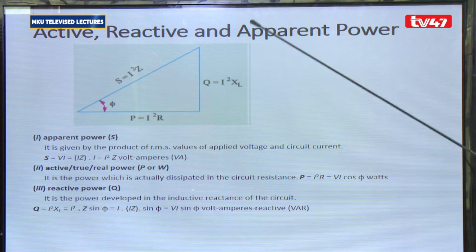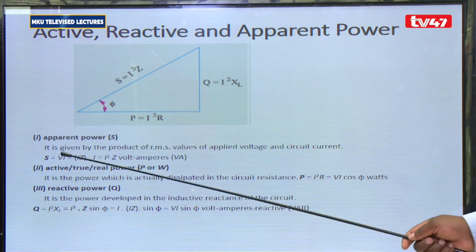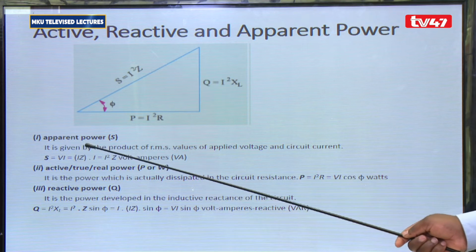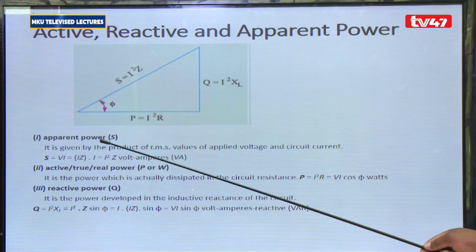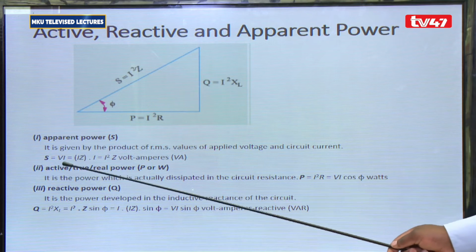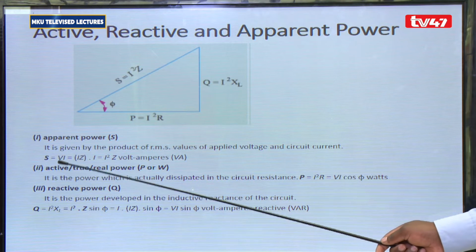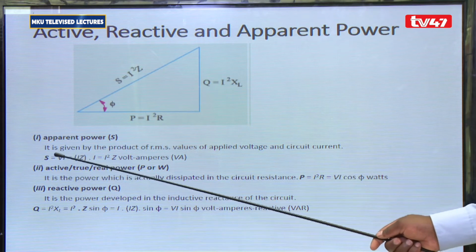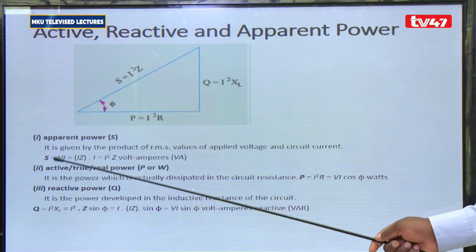And therefore, in terms of formula, the apparent power, which is abbreviated by S, is calculated by the voltage times the current. So the voltage times the current gives us the apparent power.